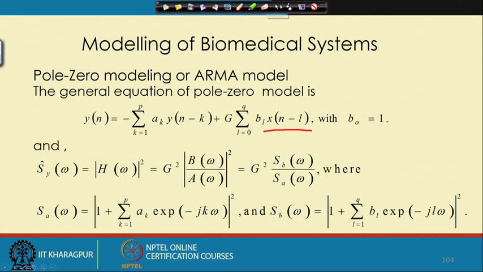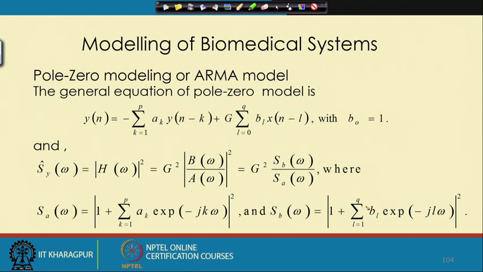As it is constant, the spectrum can be represented only with H z, and that filter H z or H omega we can represent in terms of the polynomials A and B in the z domain.